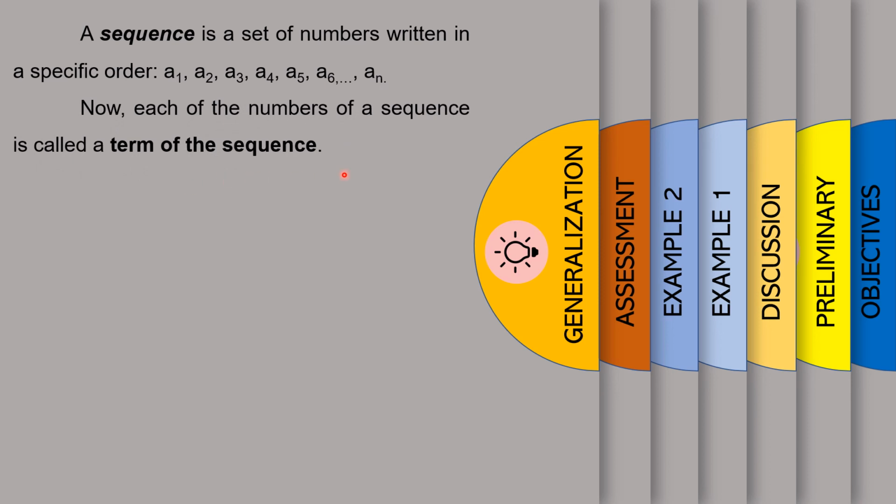And now, each of the numbers of a sequence is called a term of the sequence. Okay, yun yung tawag natin. Each term, so we're talking about the number in the given sequence.